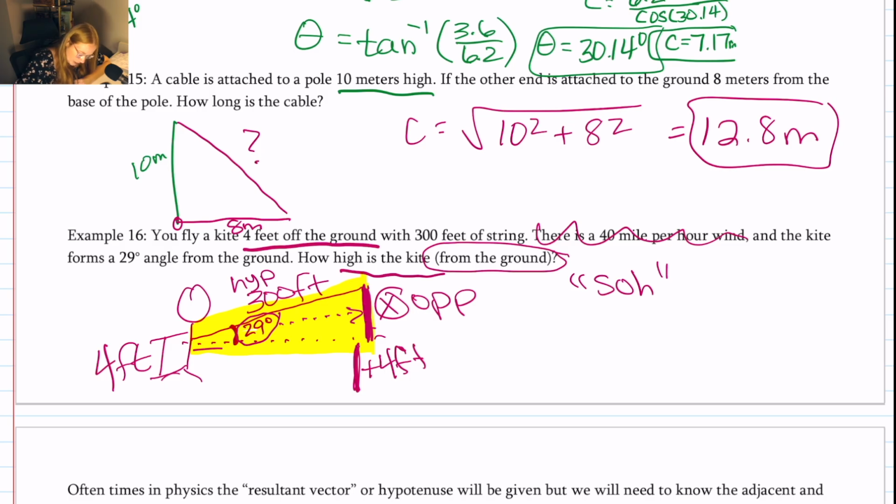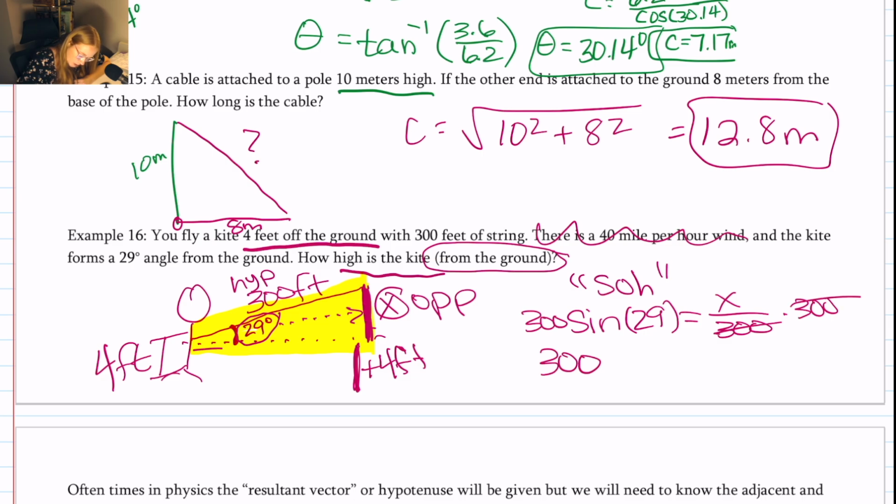So sine of the angle equals opposite, which I don't know, over hypotenuse. To get x by itself, we're dividing by 300, so multiply on both sides. So let's do 300 sine of 29.